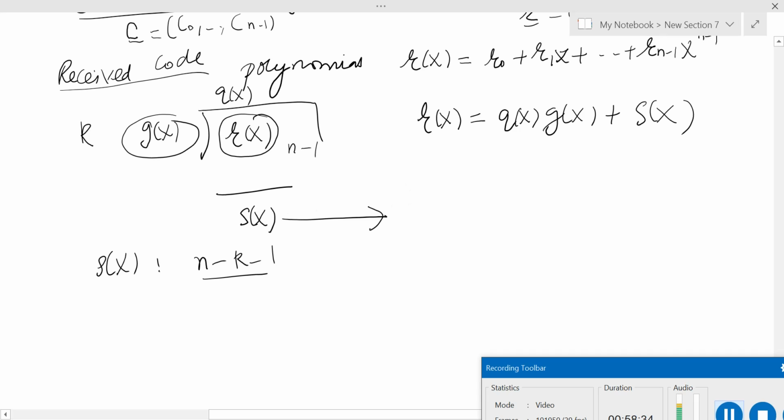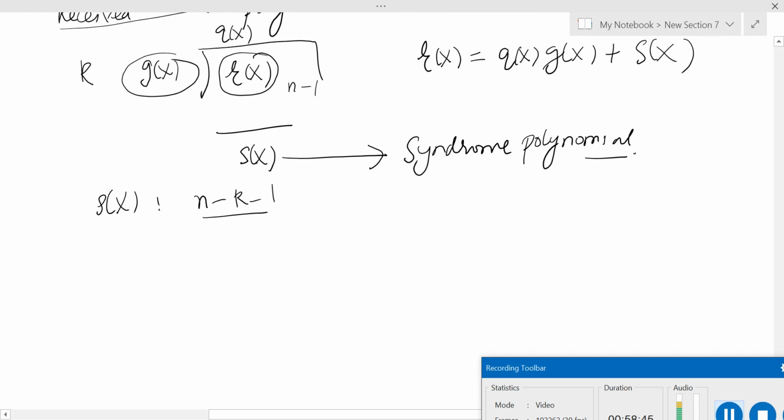This remainder polynomial is called the syndrome polynomial, because you will see, when we do the example, that its coefficients make up the n minus k cross 1 syndrome. How to realize it in hardware?